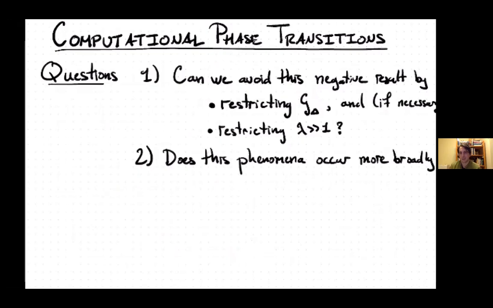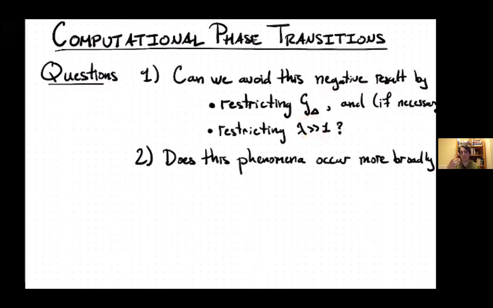It's not so interesting to know that you can't do it. That just says you can't do something. And, okay, that's useful information, but you want to know what problems you can solve. So can we avoid the negative result, the non-existence, by restricting the set of graphs, and if necessary, maybe also taking lambda to be large?